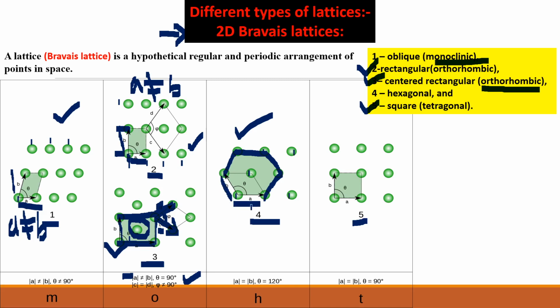In this type, the atomic length from this point to this point, along the axis of A, is the same distance covered in the direction of B. So it means that A is equal to B. But the angle is not 90 degrees; it shows 120 degrees.